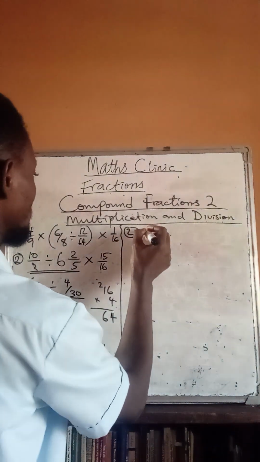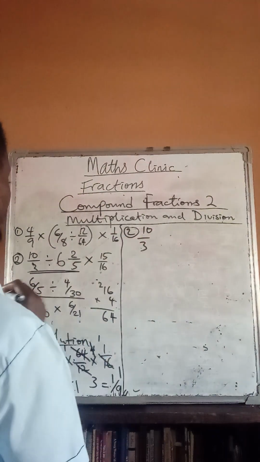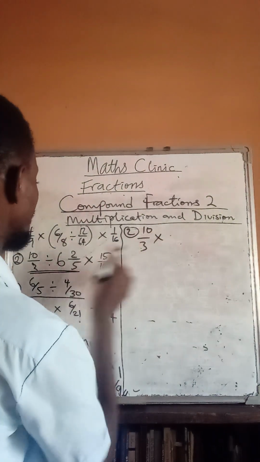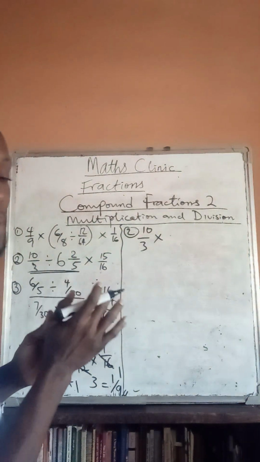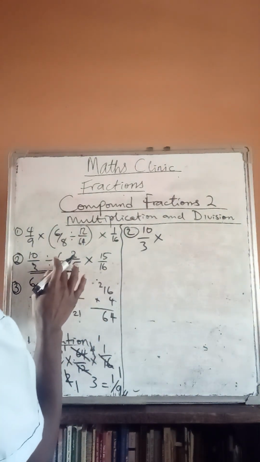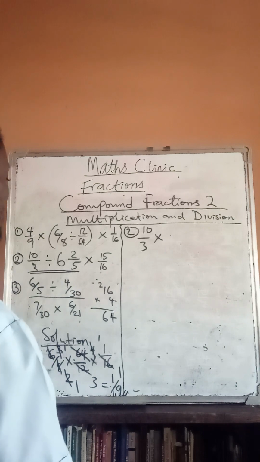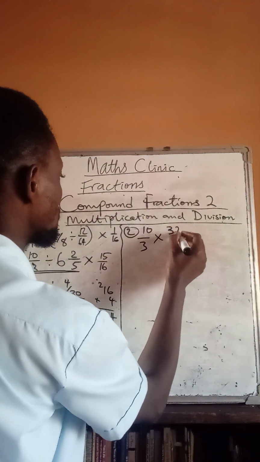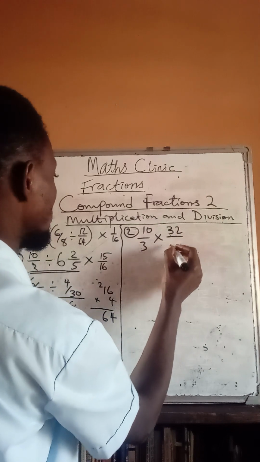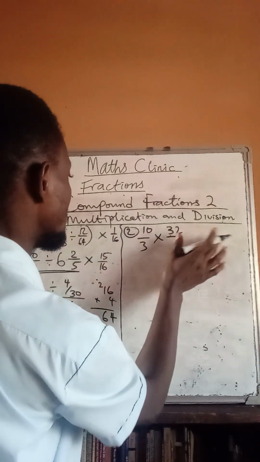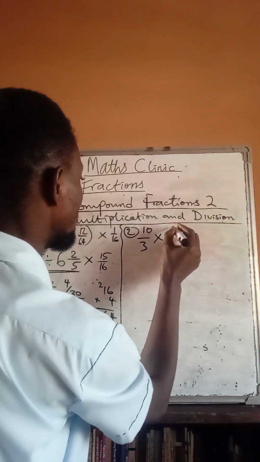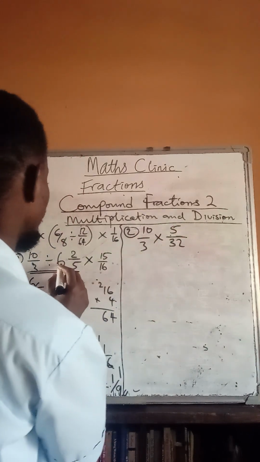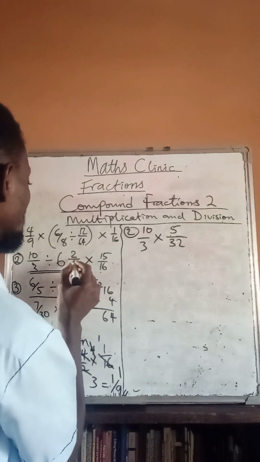So now we start with this. 10 all over 3 divided by, your division changes to times, times changes to improper fraction. 5 times 6 will give us 30. 30 plus 2 is 32, so it becomes 32 all over 5.